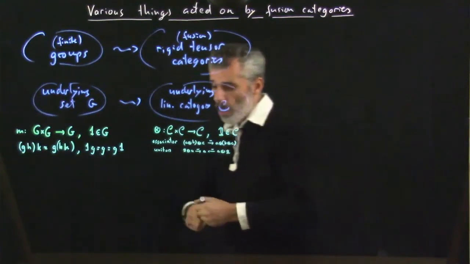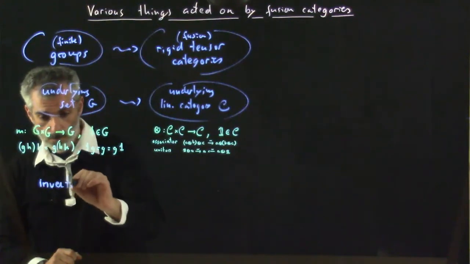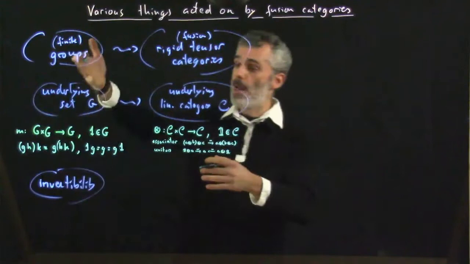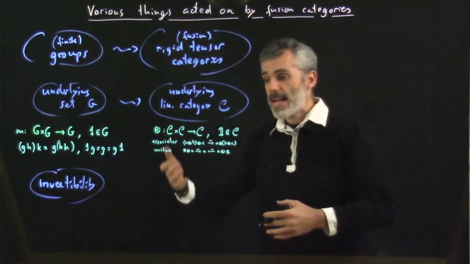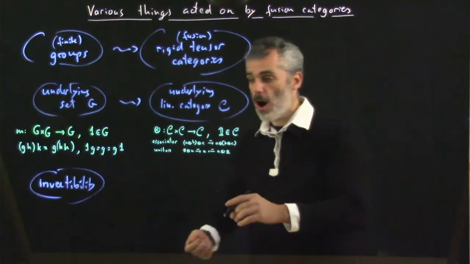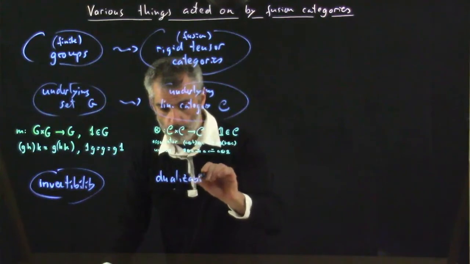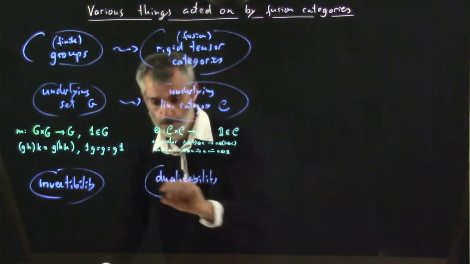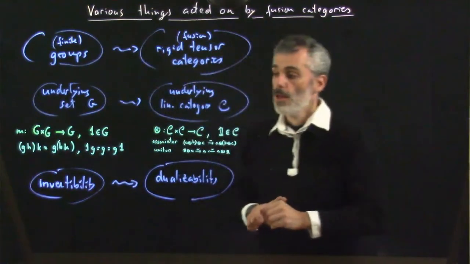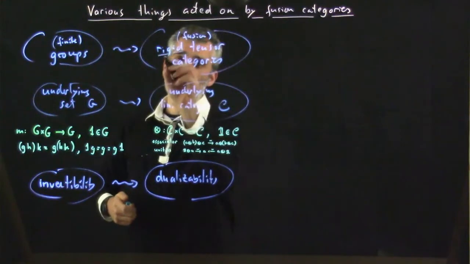The condition of invertibility that each element of a group G needs to satisfy gets replaced in the context of tensor categories with the condition of dualizability. And that is what this adjective rigid means.